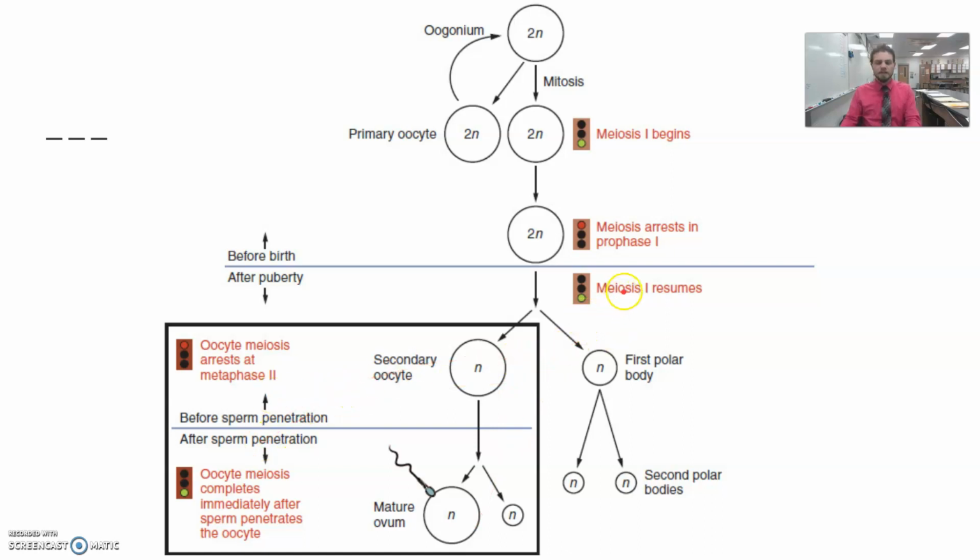We won't really dive into why that is, but meiosis will pause, and then once puberty hits, it will resume, but pause again in metaphase 2 until right at conception, where that ovum is going to then complete the rest of meiosis. But for our purposes, we just need to know that there are 4 haploid cells being formed through meiosis, but only one is going to be chosen to become the mature ovum.